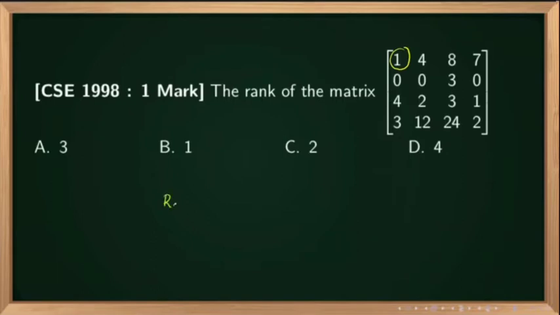So R3 should be replaced as R3 minus 4 times R1, correct? And R4 should be replaced as R4 minus 3 times R1, right? This procedure we need to complete. So you'll get the answer to be 4, and you can work it out as homework.